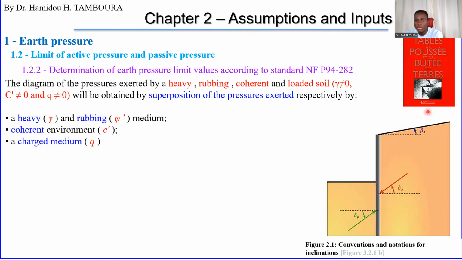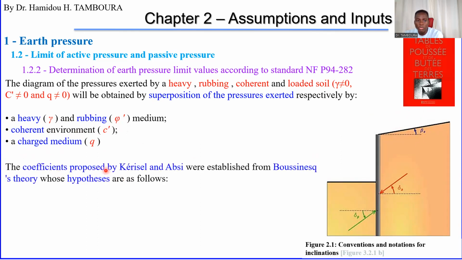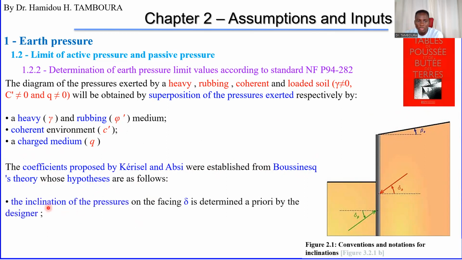In case you have a load here, the coefficients proposed by this book are based on the Boussinesq theory with the following assumptions. Maybe you know already the assumptions of Boussinesq: the inclination of the pressure, this angle, small delta, is determined a priori by the designer.